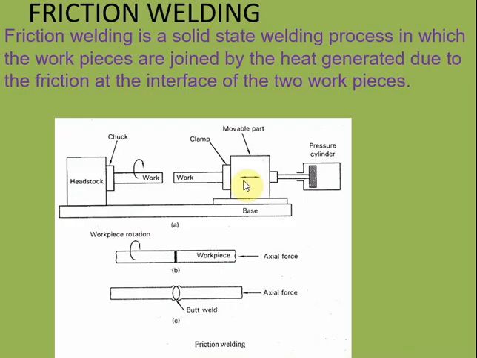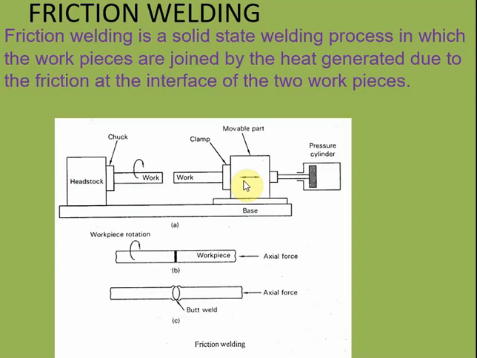Next we will see friction welding. Friction welding is a kind of solid state welding process in which the workpieces are joined by the heat generated due to friction at the interface of the two workpieces. So you see the difference from projection welding.